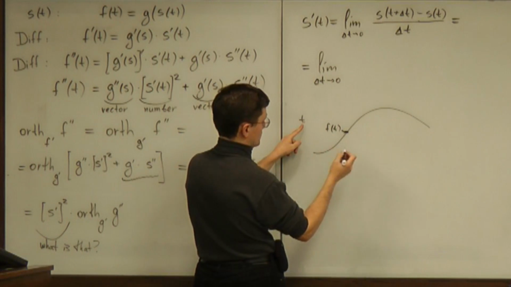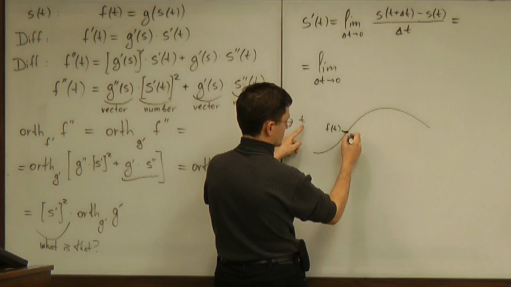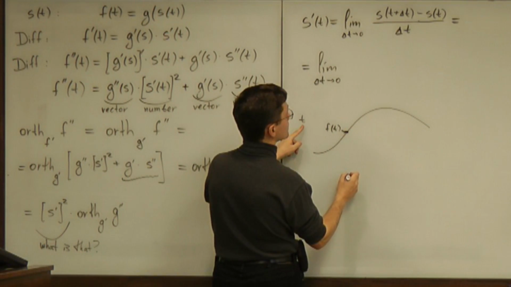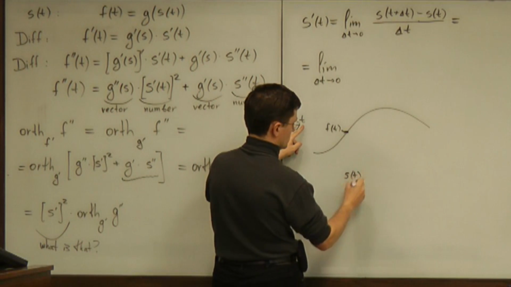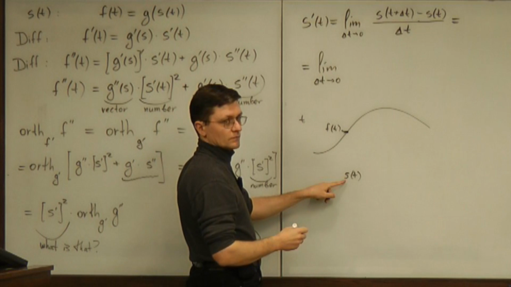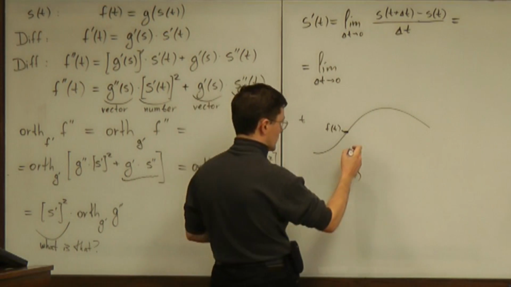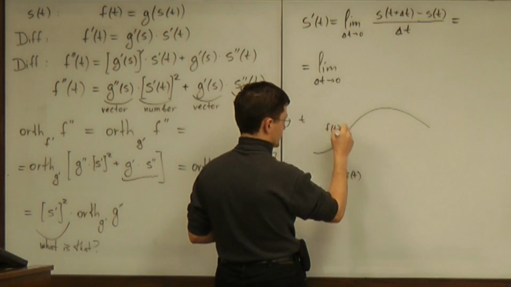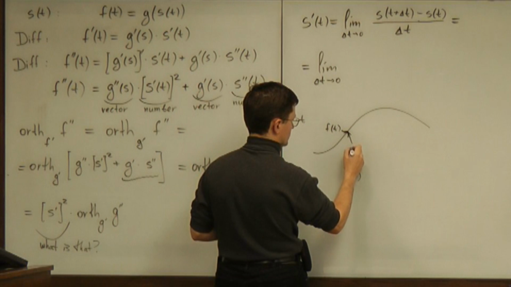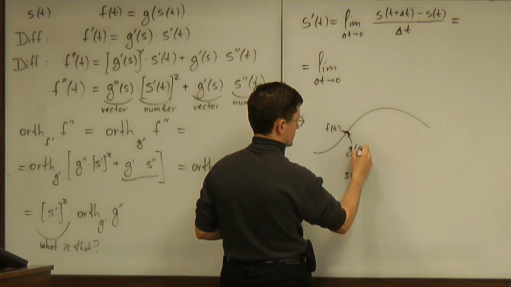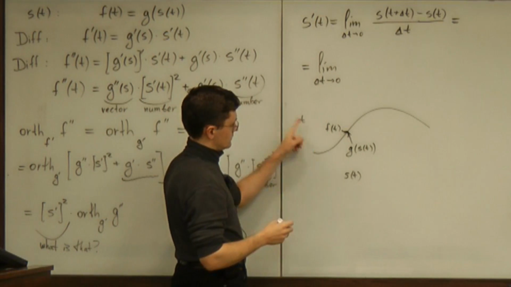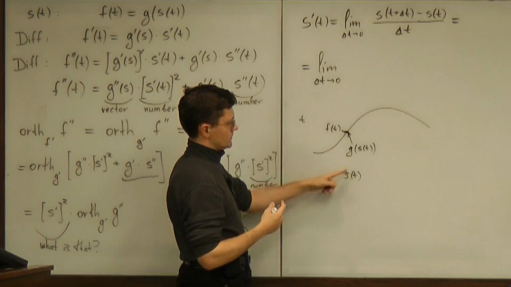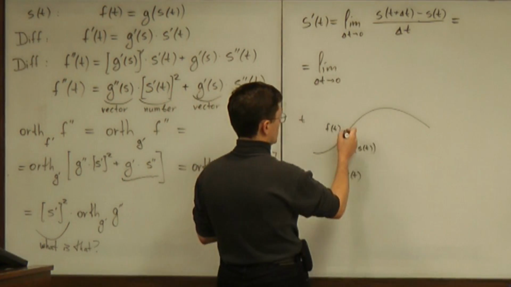And that position corresponds to the time s of t for the second car, when the second car was exactly at the same position, g of s of t. Okay? So that was a part of the definition of the function s of t.